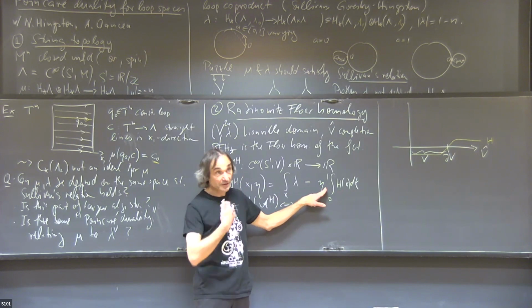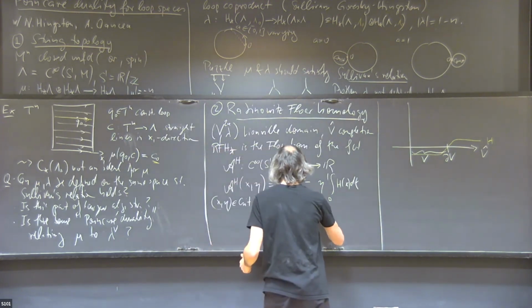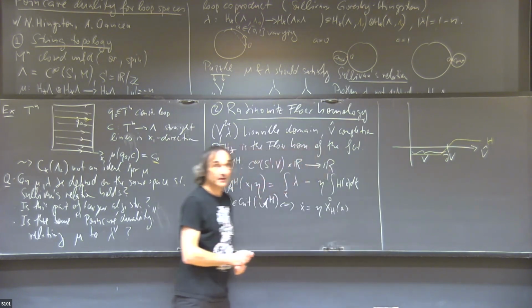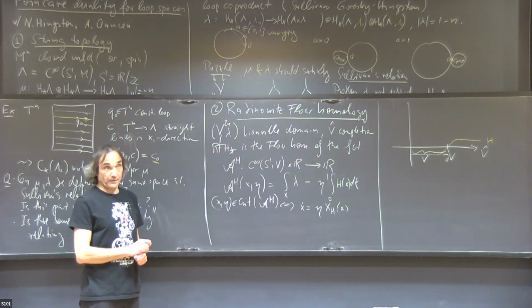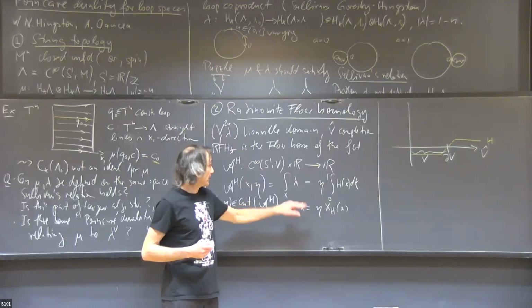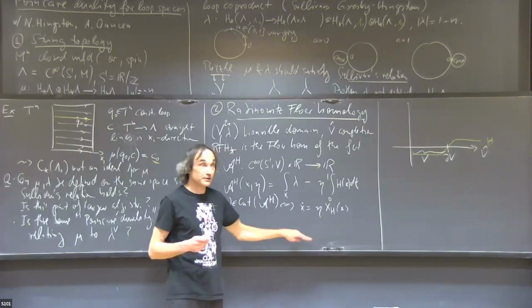So the usual variation of the action functional tells us that the equation is x dot equals eta times the Hamiltonian vector field of x. We just have this parameter eta in front of it. This gives us a Hamiltonian equation. And then if we vary with respect to eta, we get that the integral of H is equal to 0.